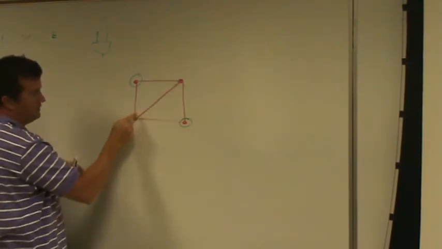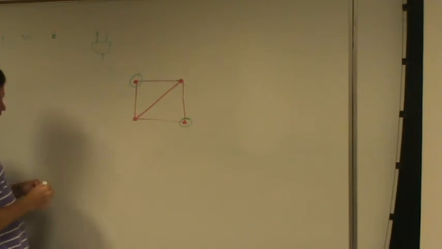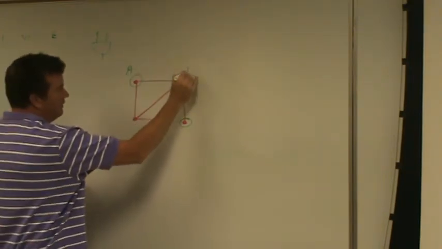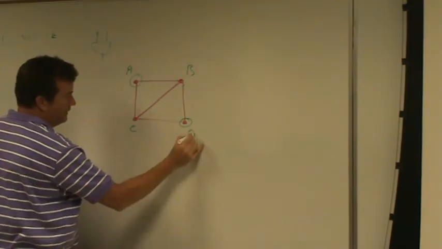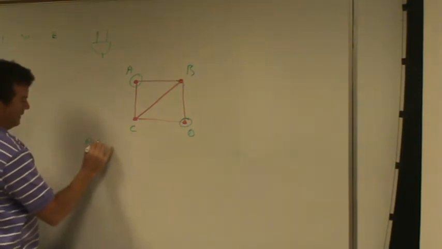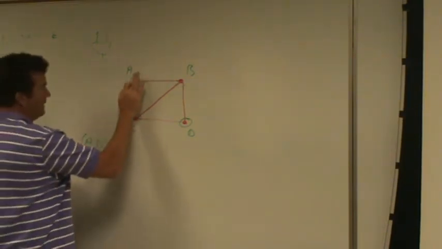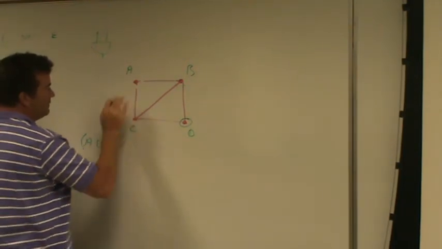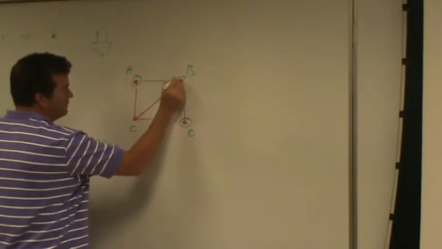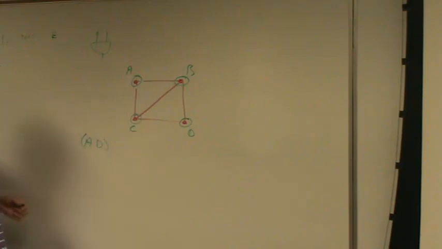This edge, both of its endpoints are not in the set. So if this was A, B, C, and D, A and D are not a vertex cover because there's an edge that's completely not touching anything in the set. Now, if we went like this, took all the points, that would be a vertex cover.